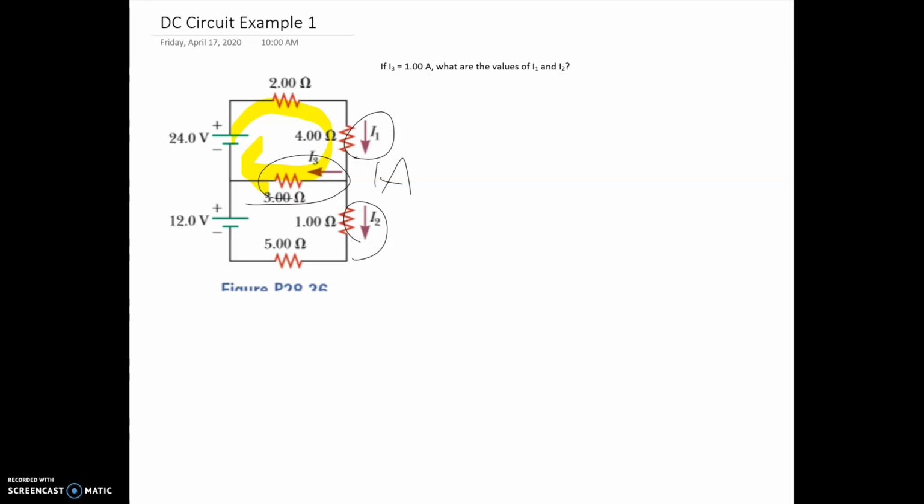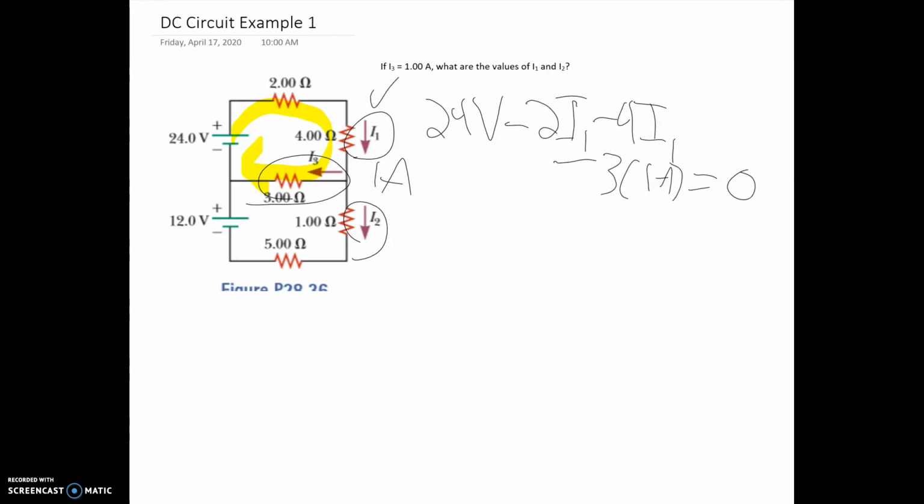For the top loop, it's going to be 24 volts minus 2 I1, because it's in series with that same one, there's been no breaks there, minus 4 I1, minus 3 times 1 amp, they told me what that was, equals 0.